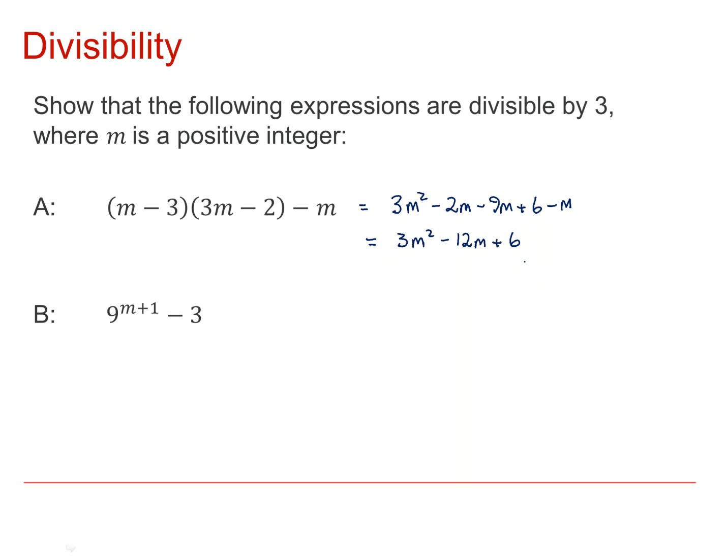And you may have left it there. But if we're doing this formally, you need to do another step. You need to actually take out the factor of 3 to demonstrate that we can divide and be left with a whole number. So there is 3 times an integer, and we can now say which is divisible by 3.